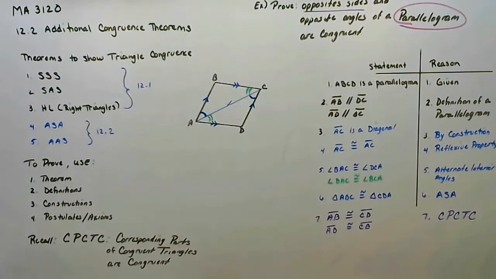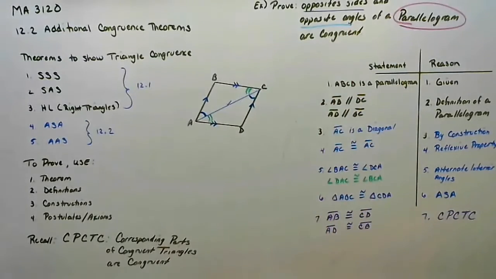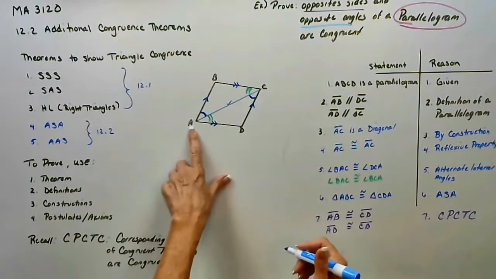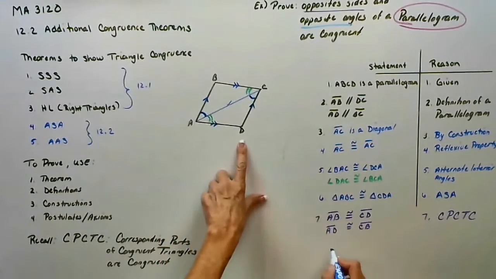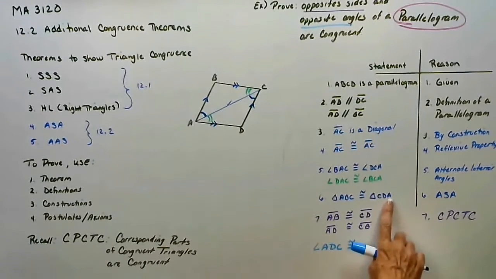Well, we're also supposed to show that the opposite angles are congruent. So if I look at opposite angles, I've already proven the other ones, so the only angle left, ADC, is congruent. Remember, I could just look up here.